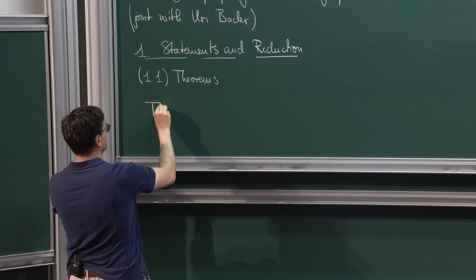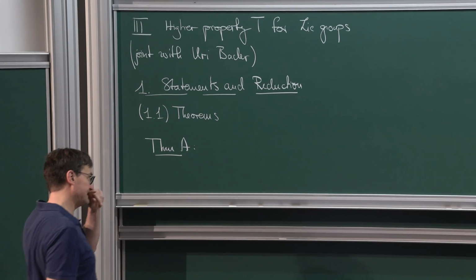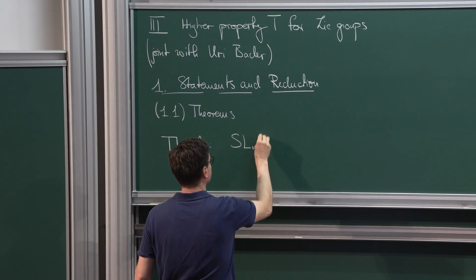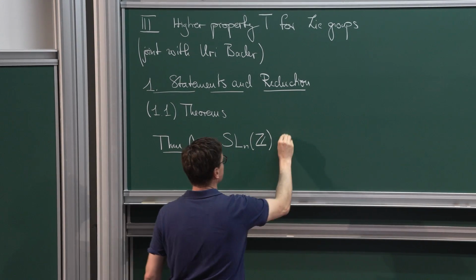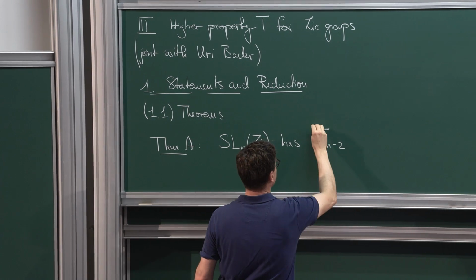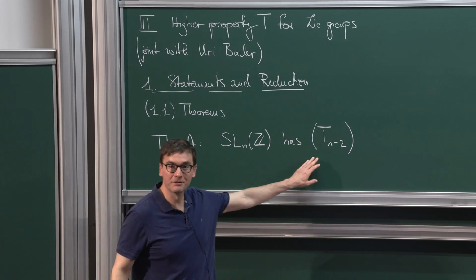Theorem A is that SL_n(Z) has property T_{n-2}. And note the brackets.